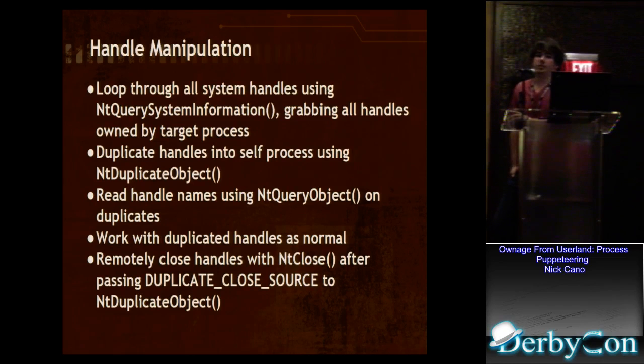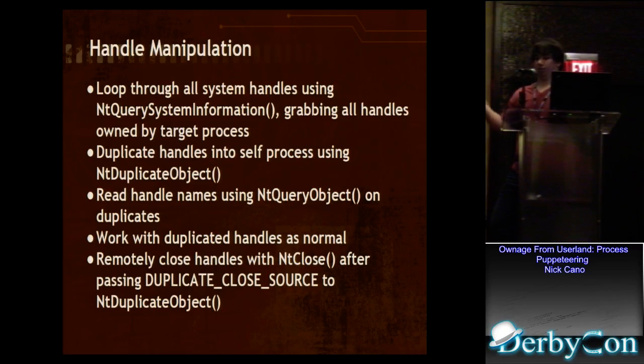Once we do that, we can use NtQueryObject, which will give us the ability to read the names of those handles and other information about them, so we can find whatever handles we might want to manipulate. And then we can work with them as normal once they're duplicated into our process.